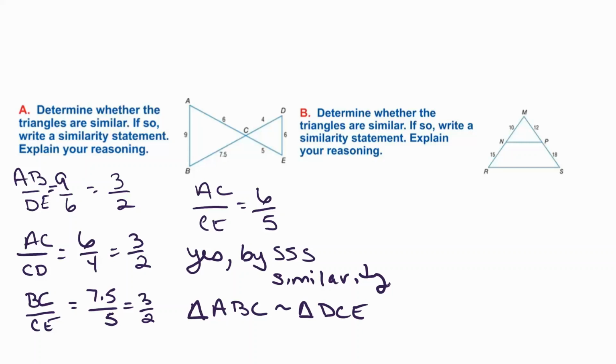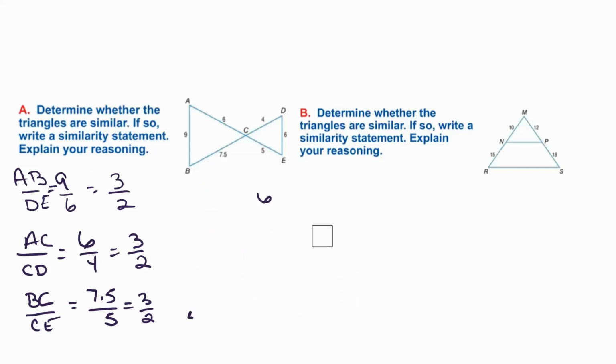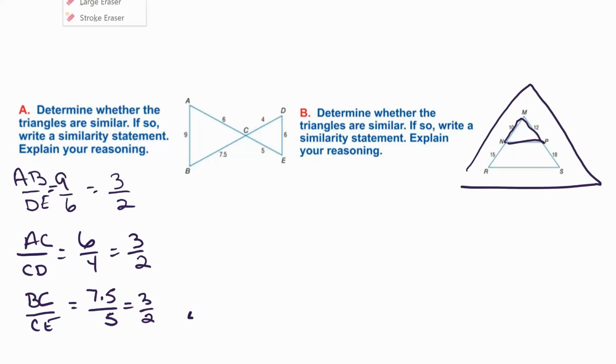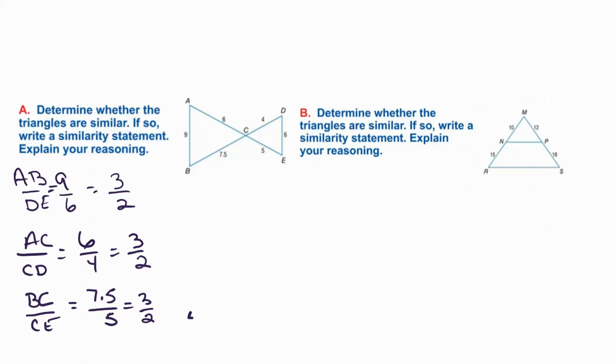Looking at the next problem, we're going to be looking at the small triangle and the large triangle. So we're going to be looking at the triangle here on the top and then the whole triangle here. So this whole entire side length is 12 plus 18, which is 30.